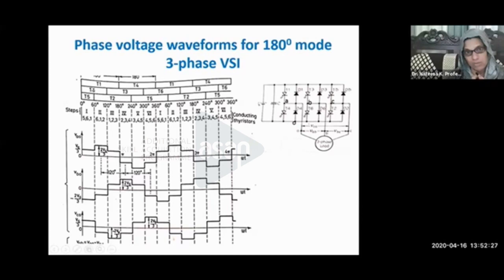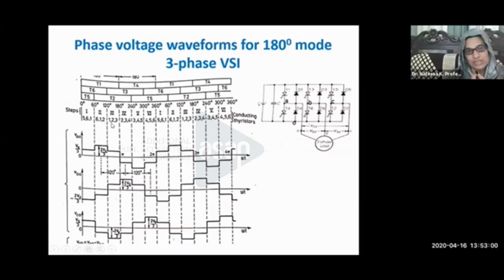Suppose we consider the first interval, from 0 to 60 degrees. The devices conducting are T1, T6 and T5, so we write the devices conducting like this: 5, 6, 1. In the next interval, from 60 to 120 degrees, the devices conducting are T1, T6, T2. T2 starts from this point, so it is 6, 1, 2.